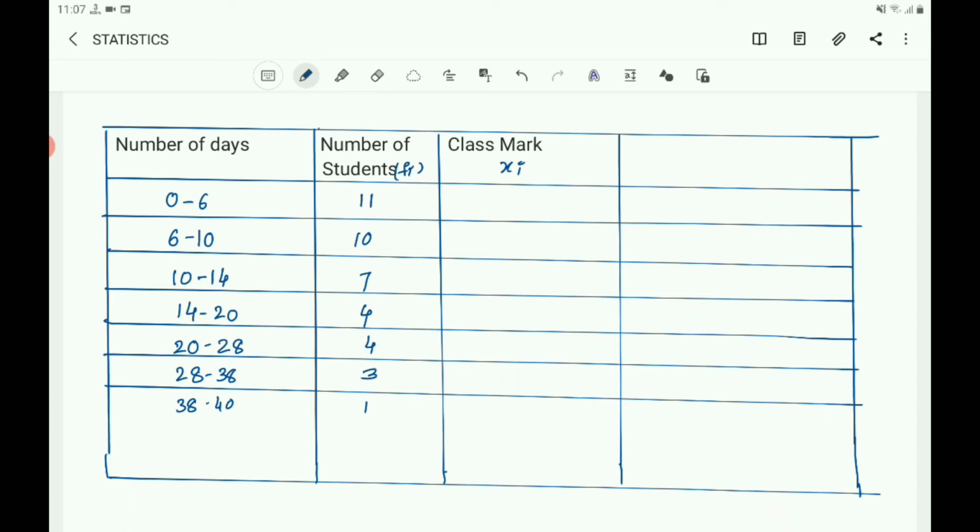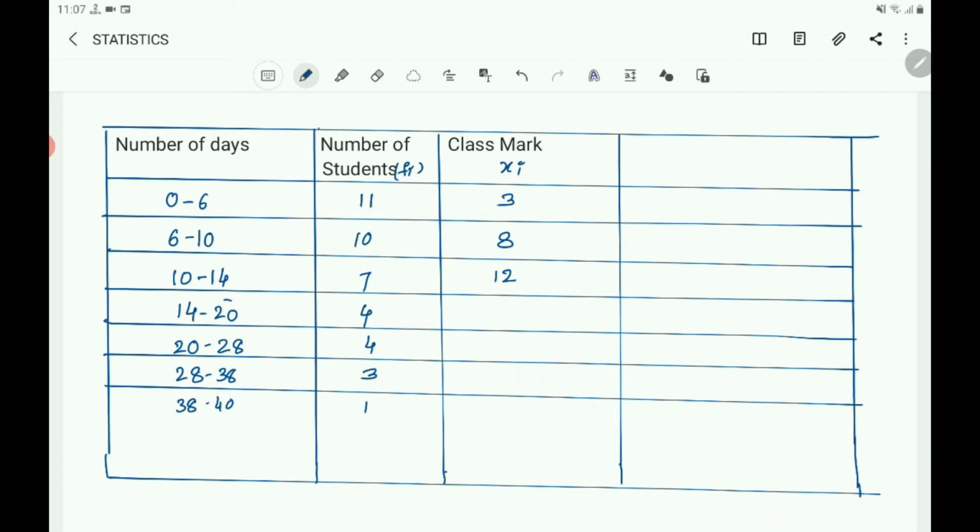You know that 6 plus 0 is 6, 6 by 2 is 3. Then 10 plus 6 is 16, 16 by 2 is 8. Then 14 plus 10 is 24, 24 by 2 is 12.